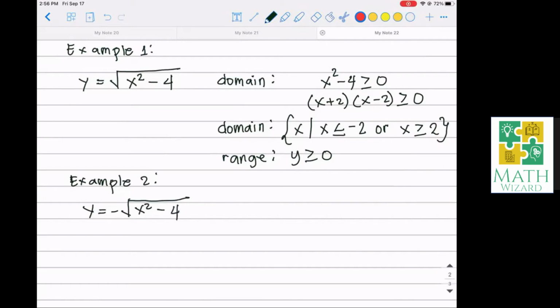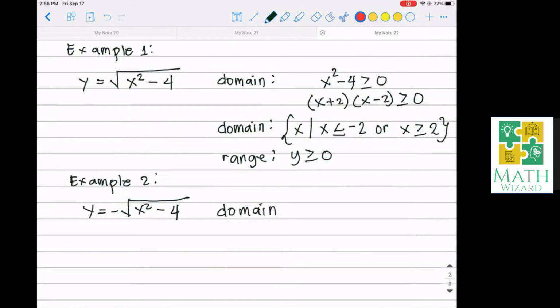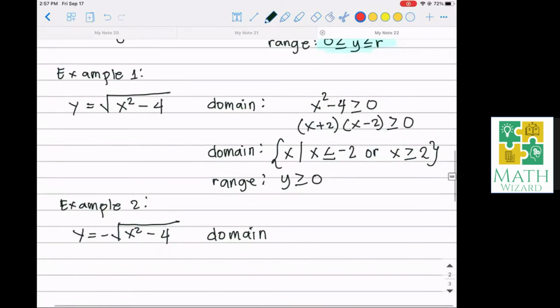So the domain, we can rewrite y equals negative square root of x squared minus 4 into the format of x squared minus r squared. So this becomes x squared minus 2 squared. So the value of our r here is equal to 2.